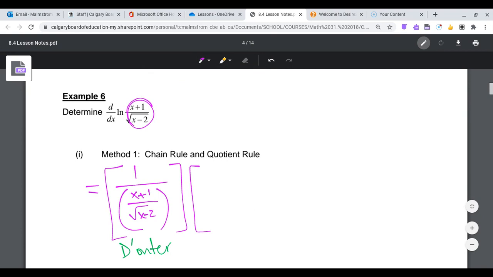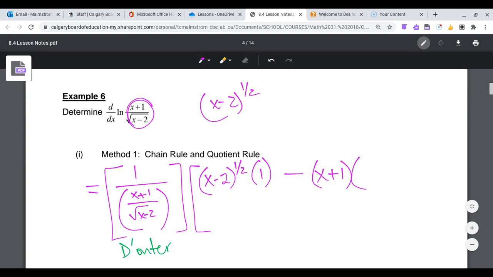So we've got, sorry, that's product rule, sorry, so low d high, less high d low. I have to think about my rules, my rhymes. Okay, so low, I'm going to just write this as x minus 2 to the half. Low d high, so the derivative of x plus 1 is 1, less high, x plus 1, d low, so I want to take the derivative of x minus 2 to the half.